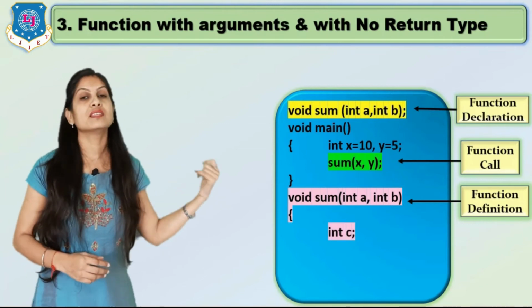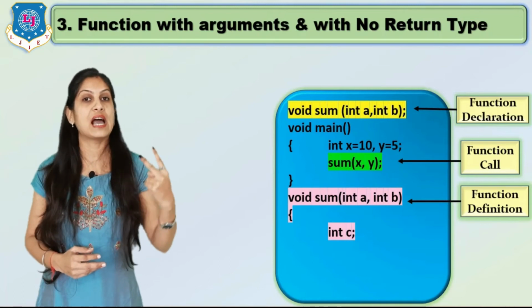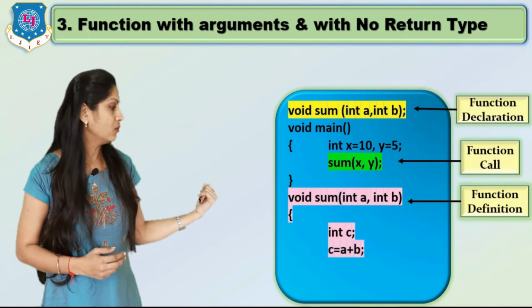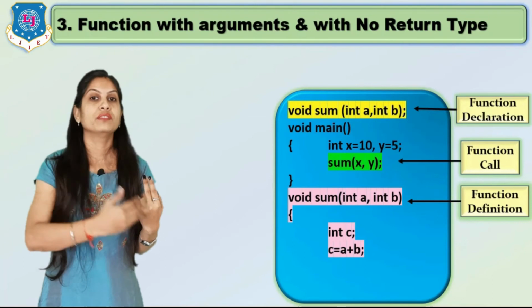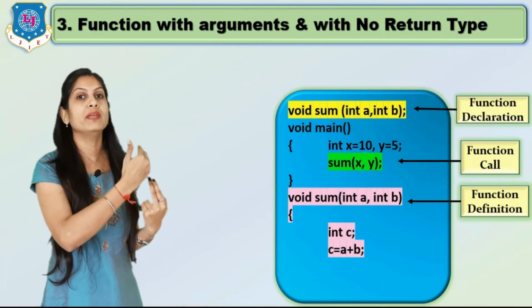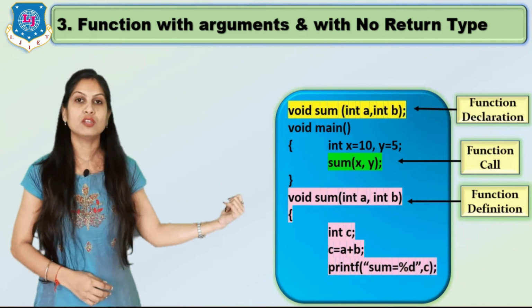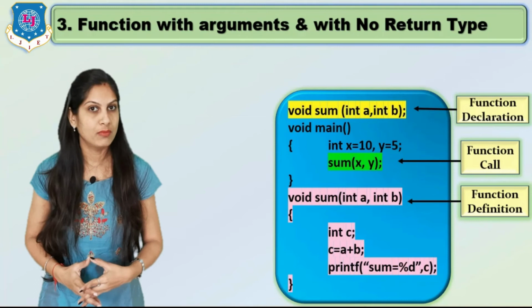Here integer c is there only, because the two input values are already read in void main. Now c equals a plus b, that means the values 10 and 5 that come from the void main will be added and stored into c, and we print the value of c using the printf function, that is sum equals %d comma c.